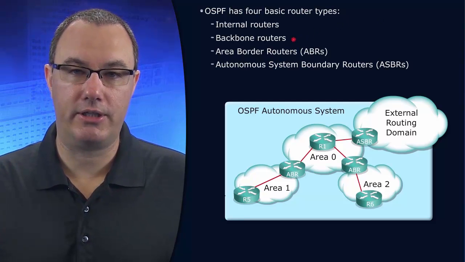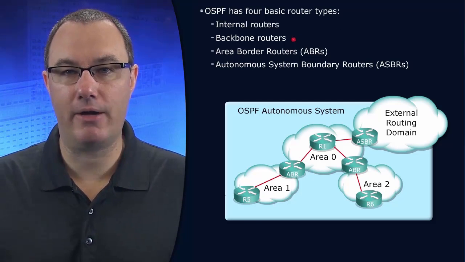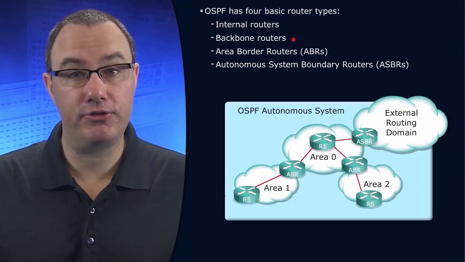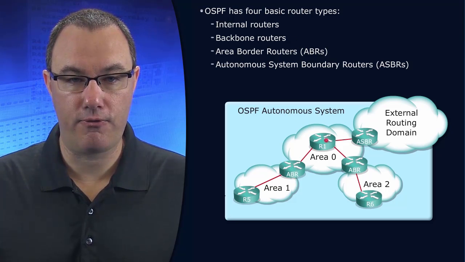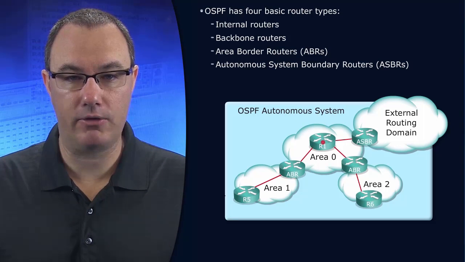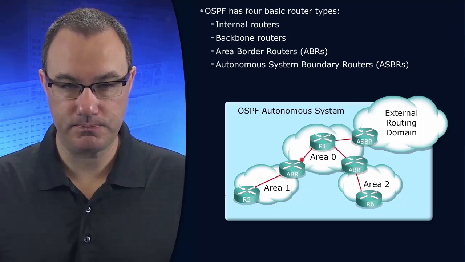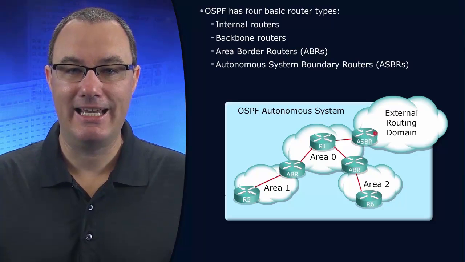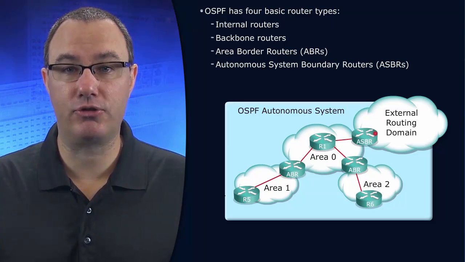We also know that there is a backbone area in OSPF, and any router that attaches to the backbone area is considered a backbone router. So we have 4 backbone routers in this topology, and I want you to recognize something right now. We have these 4 backbone routers, and we can see that we have roles that are not mutually exclusive.